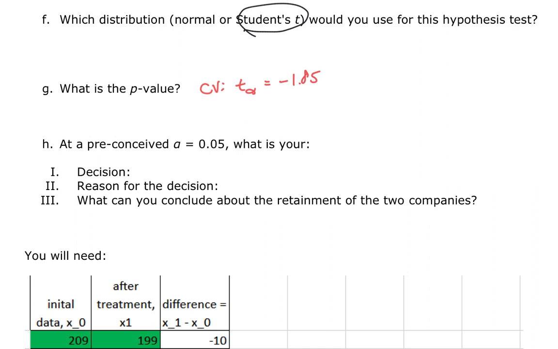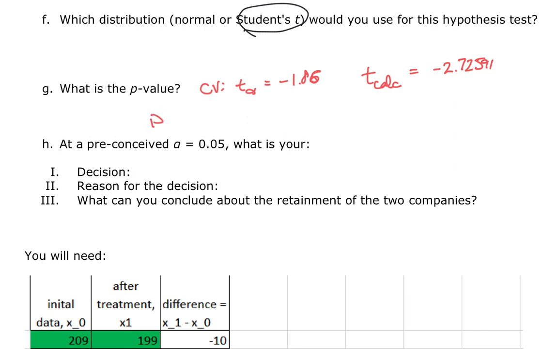So let's round that up to a 6. Now my test statistic, which is my calculated t-score, is negative 2.72591. So you can see that the test statistic is on the left side of the critical value.